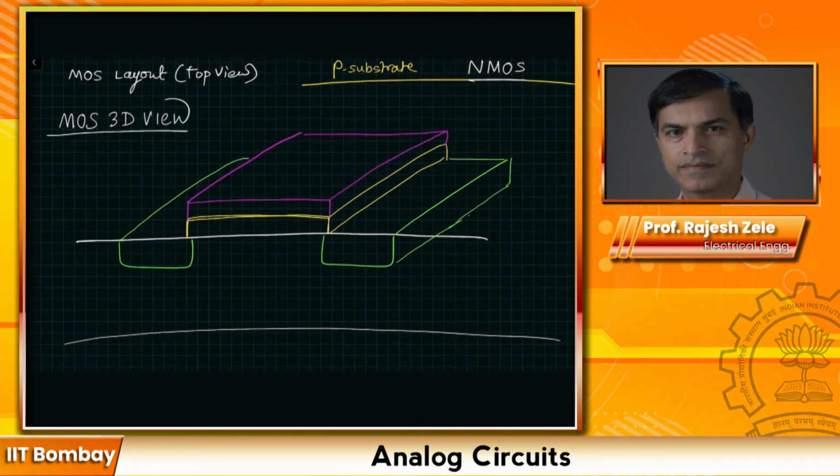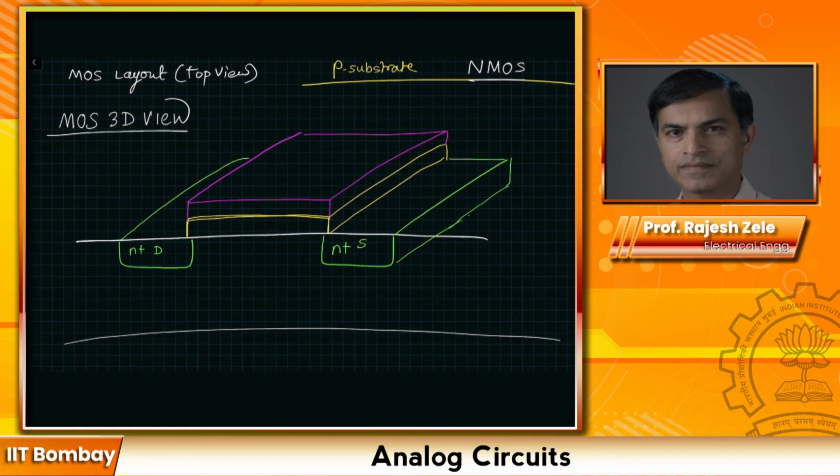So let me explain the 3D view to you. The left green part is an N plus region here. The right green part is another N plus region. This we can call the drain, and the right side would be your source.